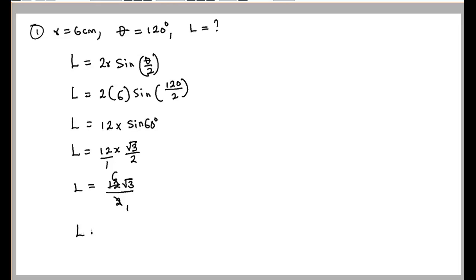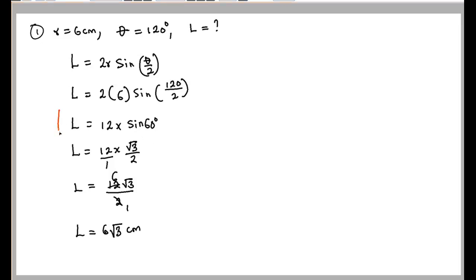So L is now equal to 6 root 3 centimeters. Since this angle is a special angle, you're meant to leave your answer in short form. But if you want to get the approximate value of this, I think we can begin from here.